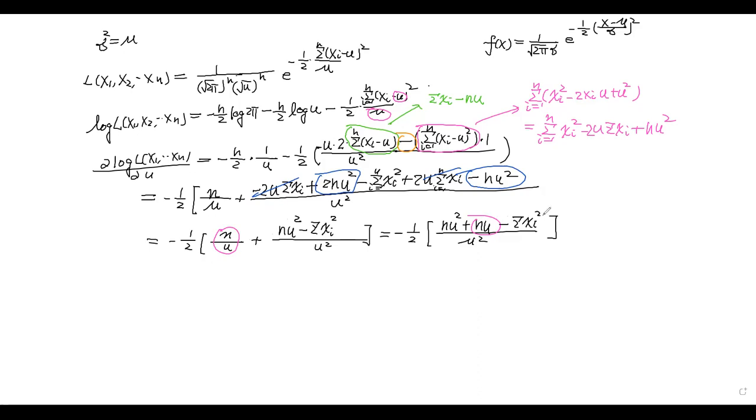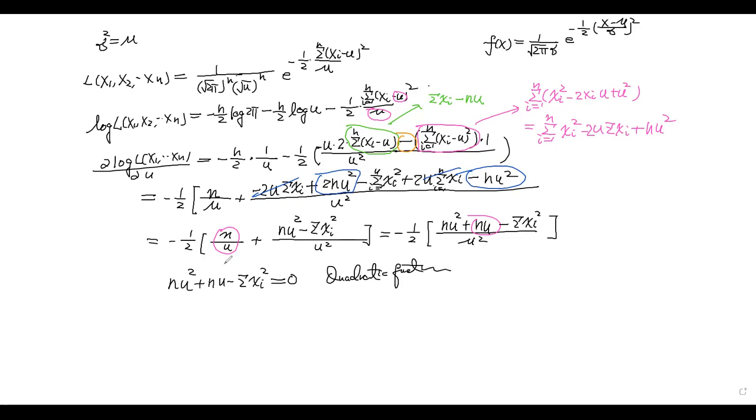So we said that for the MLE, we set the top equal to 0, right? So let's find a solution for mu. So I have mu squared plus n mu minus summation xi squared, and I will set it equal to 0 and try to solve for mu. So in here, now I'm using the quadratic formula.